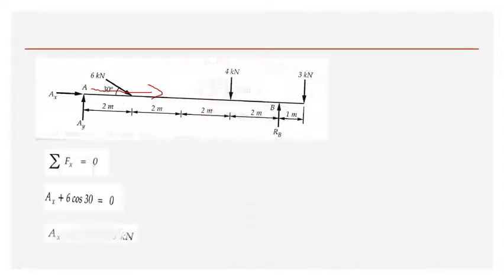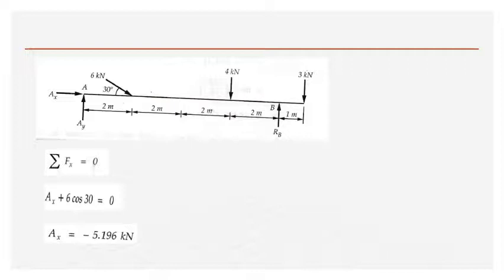So Ax is equal to minus 5.196. What do you mean by minus 5.196? That means Ax is not acting towards right, it is acting towards left, like this. Okay. Assume direction of Ax is wrong. We assume that it is acting towards right, but it is acting towards left.